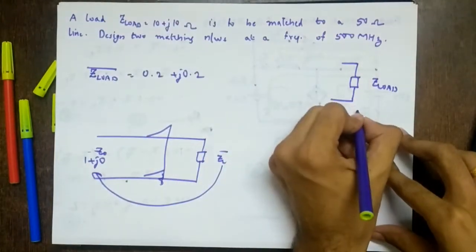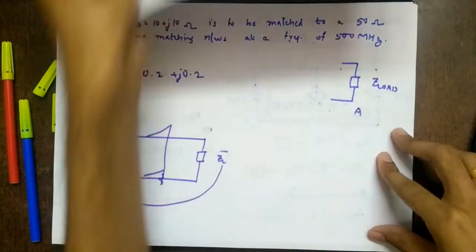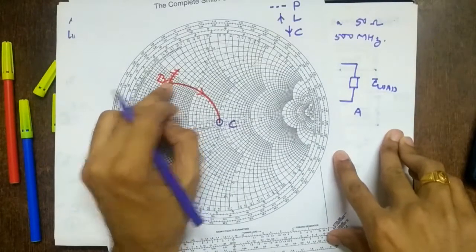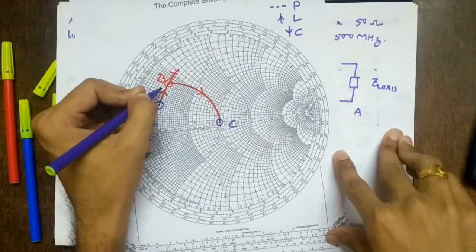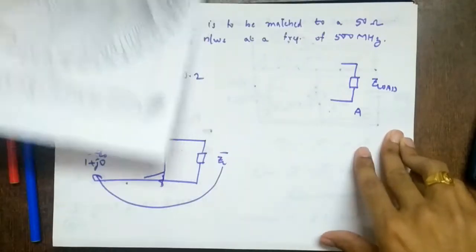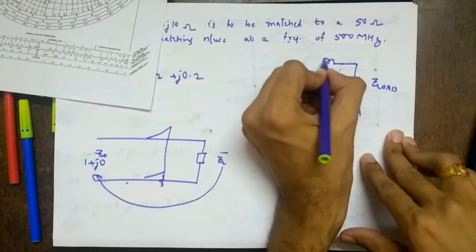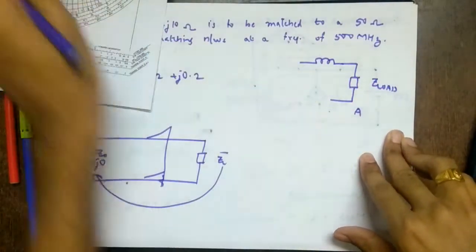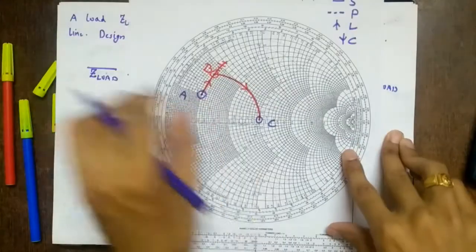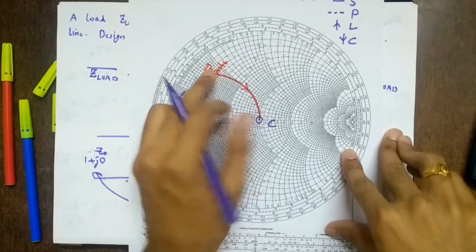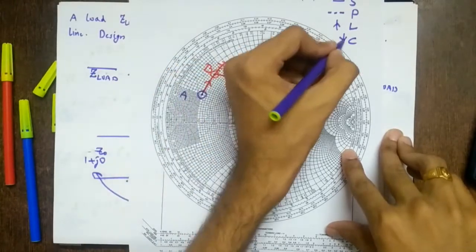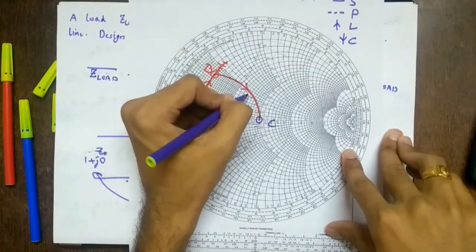And this is the point corresponding to point A. So from point A to B we are going upwards, so it is an inductor, and we are moving along a solid line again, so it is in series, right? So series inductor. From which side? Load side, remember. So from here we are encountering the inductor. Now we are going downwards, so it is a capacitor, and along a dotted line, so parallel.